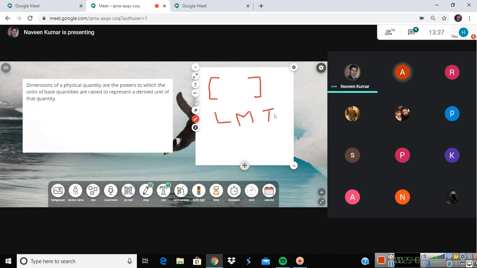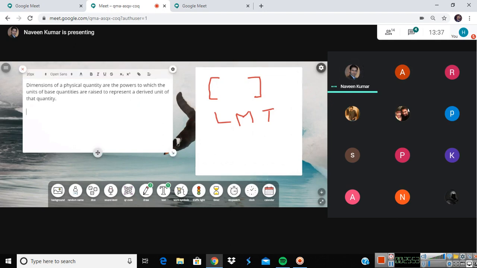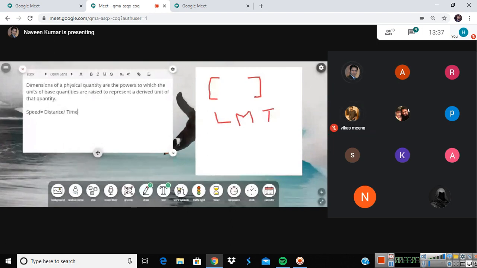Just like we are going to write the dimensions of speed. What is the formula for speed? Speed is equal to distance divided by time. What is the unit of this speed? Meter per second. Unit of distance is meter, and unit of time is second.